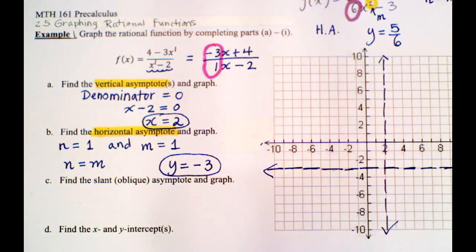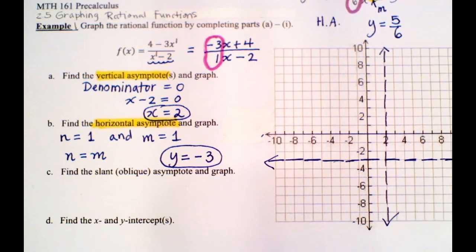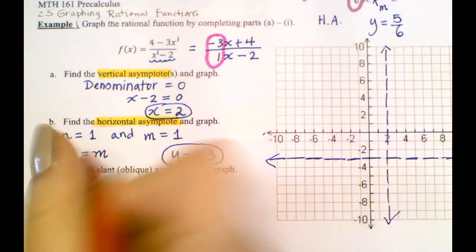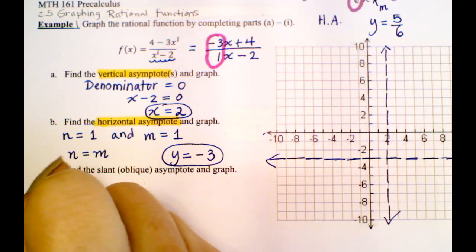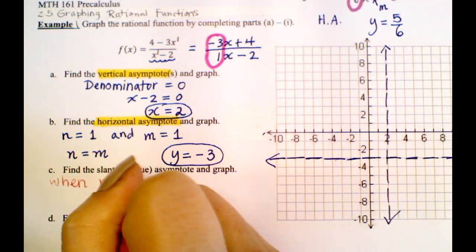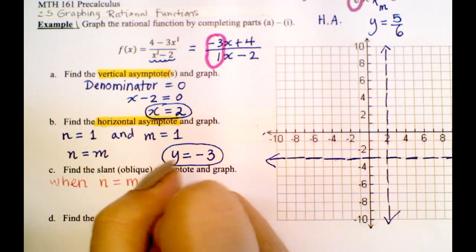Okay, now I can't remember if we talked about oblique or slant asymptote before break, but I'll go over it as if we never really talked about it. The slant asymptote only exists when n is equal to m plus 1.